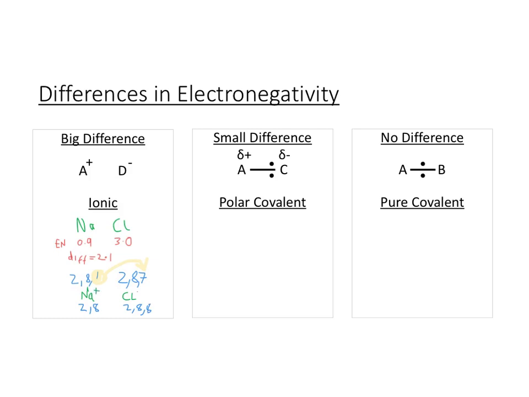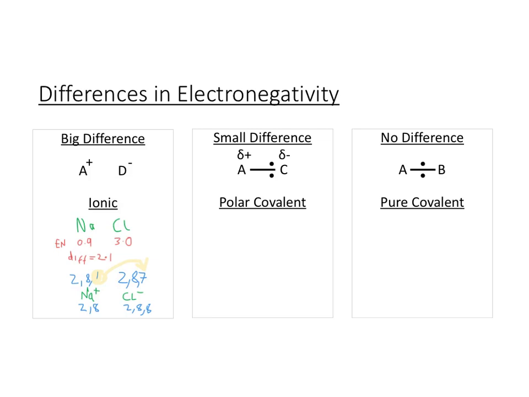We have a sodium ion, we have a chloride ion. The electron has transferred, and it's transferred because the difference in electronegativity was so great. Chlorine had a much stronger attraction for the electrons in the bond than sodium, so it just took it completely. It won the tug of war outright.